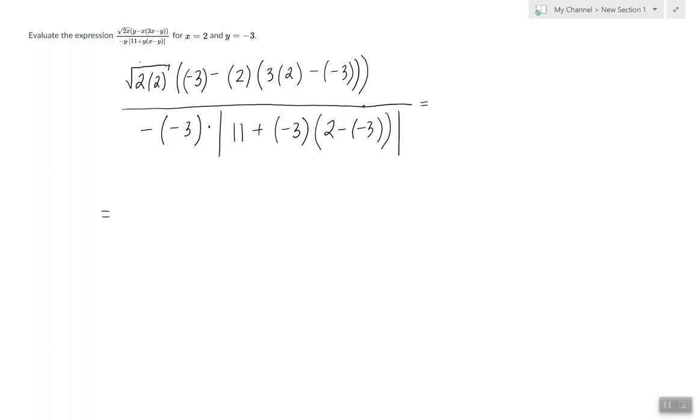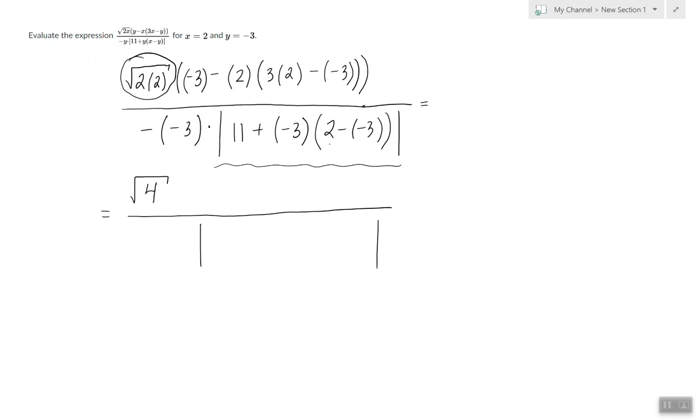So for example, I can simultaneously work on this radical and this absolute value. So there's no harm in multiplying 2 by 2 and at the same time adding or multiplying or subtracting 2 and this -3. We can do it all at once.